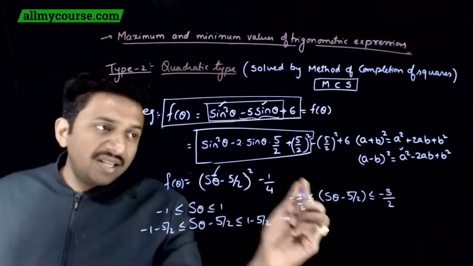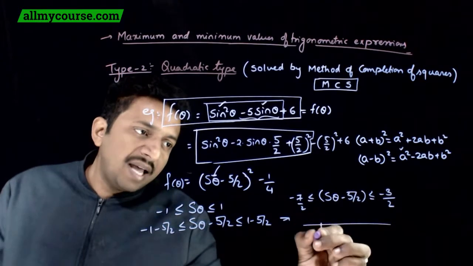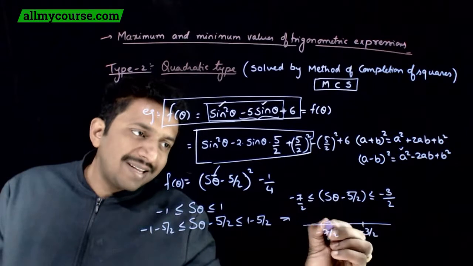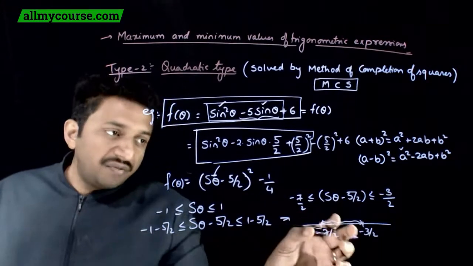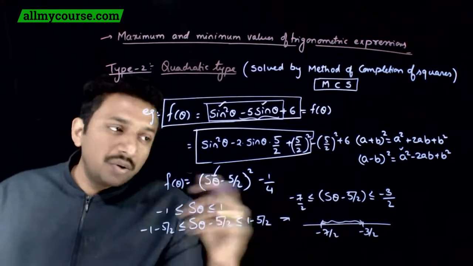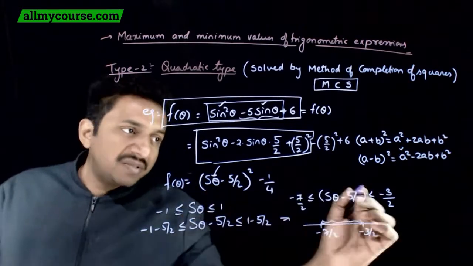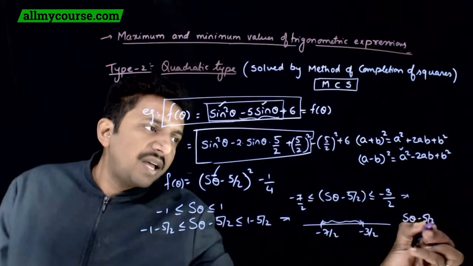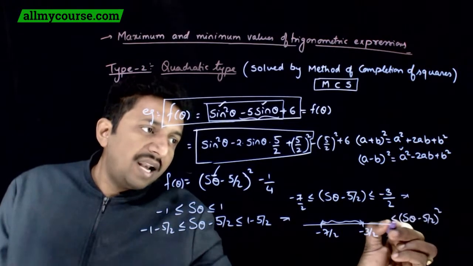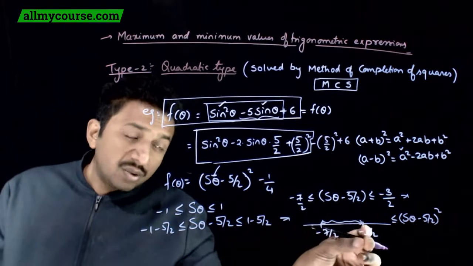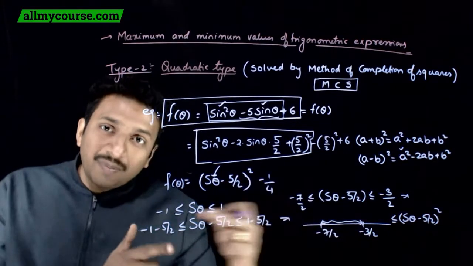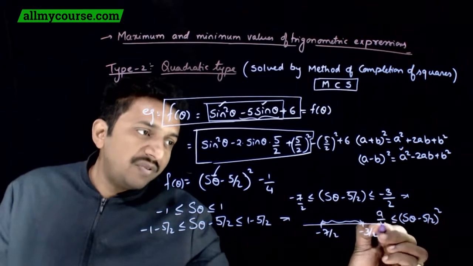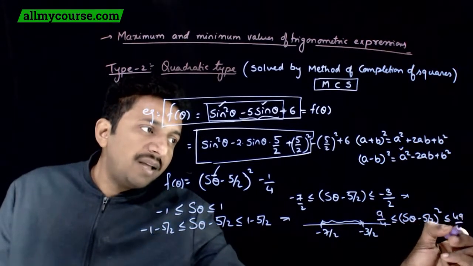Now if you square these numbers, on a real number line with minus 7 by 2 and minus 3 by 2, this expression lies between them. If you square this expression, where does this go? All the numbers go to the positive side. So this implies sine theta minus 5 by 2 whole square lies between: if you square minus 3 by 2, it becomes 9 by 4, and this becomes 49 by 4. So it lies between 9 by 4 and 49 by 4.